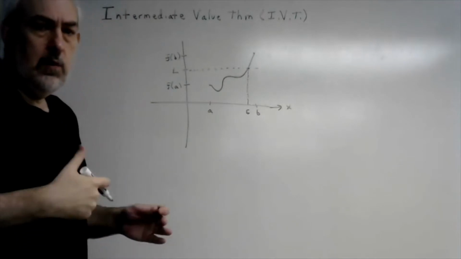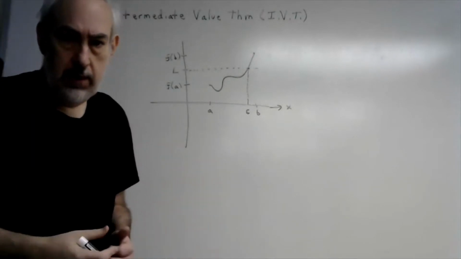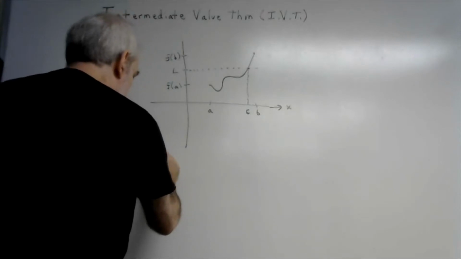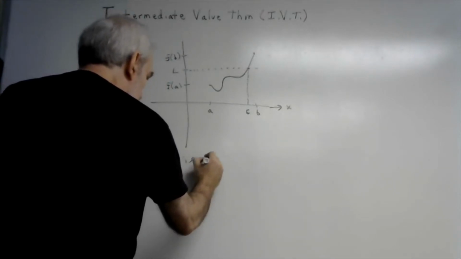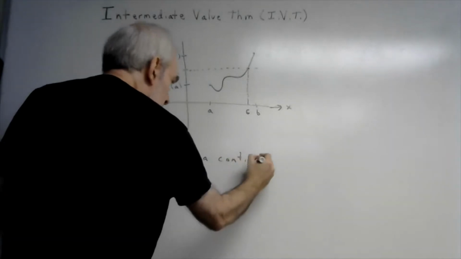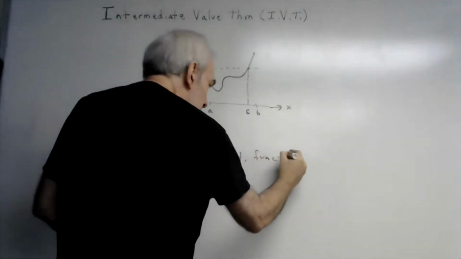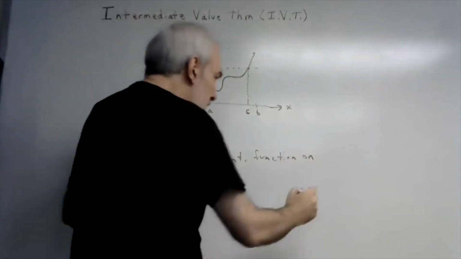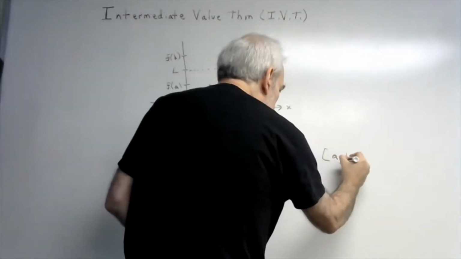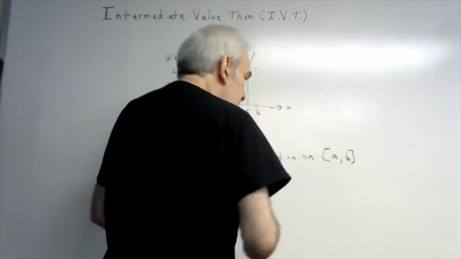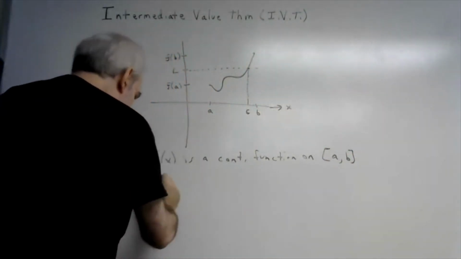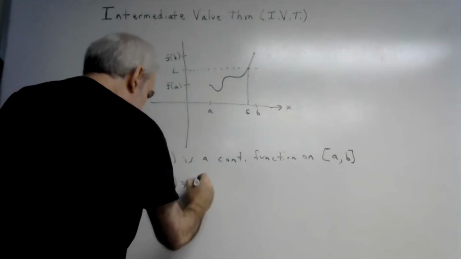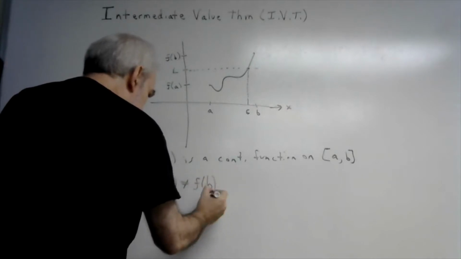Okay, so to state this more formally, we must have f of x is a continuous function on the closed interval a to b, and f of a is not equal to f of b.